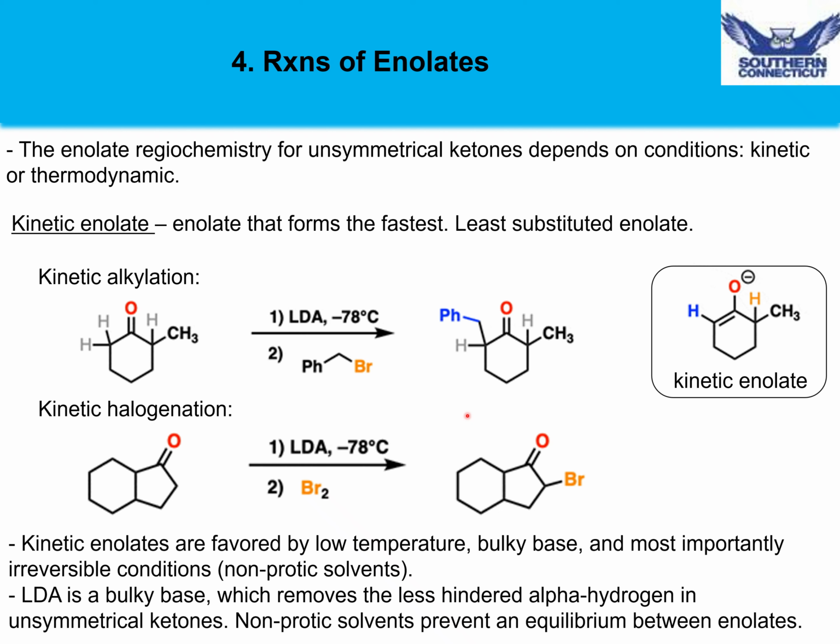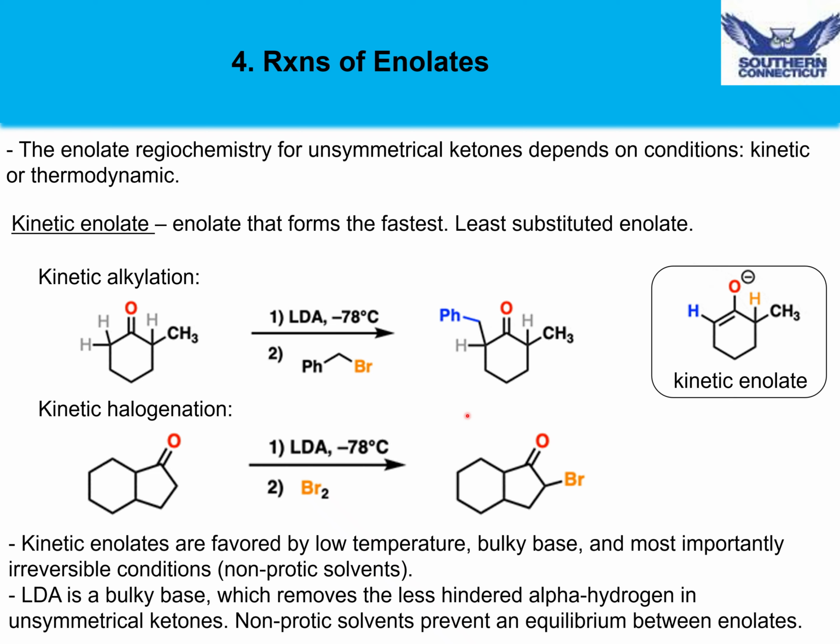Kinetic intermediates and kinetic products are typically formed from conditions that are non-reversible. They usually involve non-protic solvents when we're dealing with bases. So if we're using a base as one of the reagents to form, let's say, a conjugate base like an enolate, by using non-protic solvents, we prevent the reaction from being reversible.